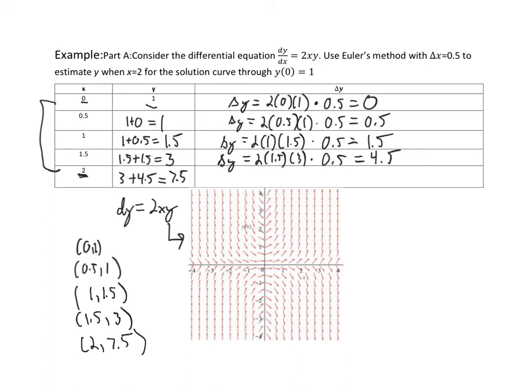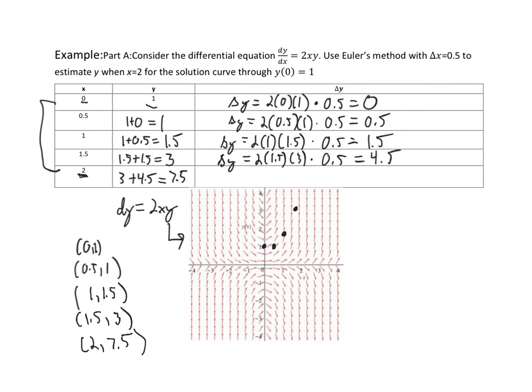So let's start at (0, 1), which is right here. The next point we have, (0.5, 1), would be approximately here. The next point is (1, 1.5). The next point is (1.5, 3).